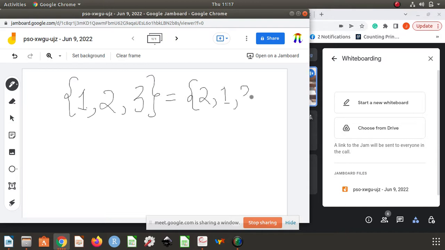Still the same set. Sometimes you may choose to order them so that it's easier for you to track what is in the set, but it's still the same set. It doesn't change. So we don't care about order. We just disregard order. It's completely disregarded.